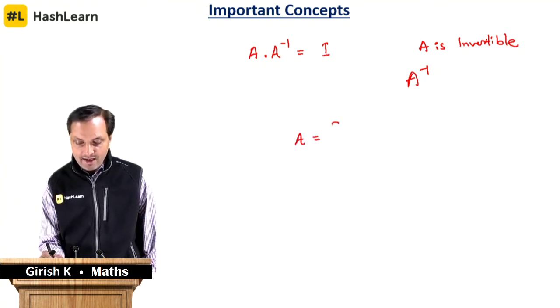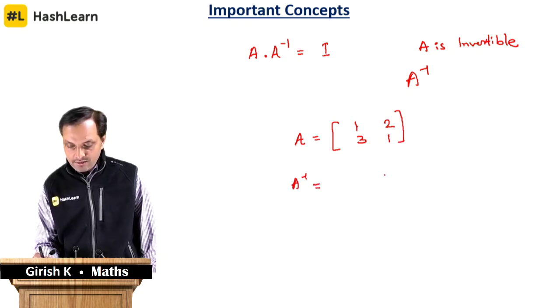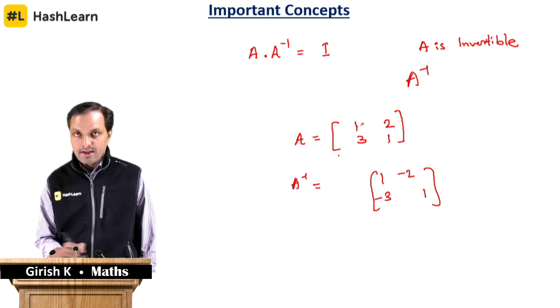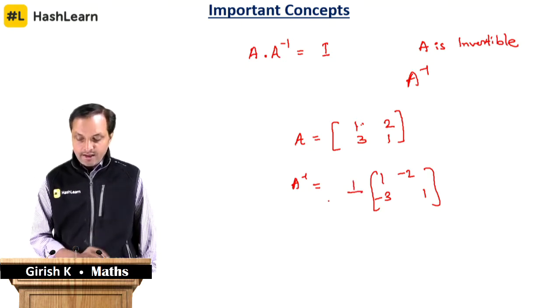Suppose you have matrix A as 1 2 3 1. How to find A inverse? Just interchange these two elements and change the sign of these two elements, and divide it by the determinant of this matrix.